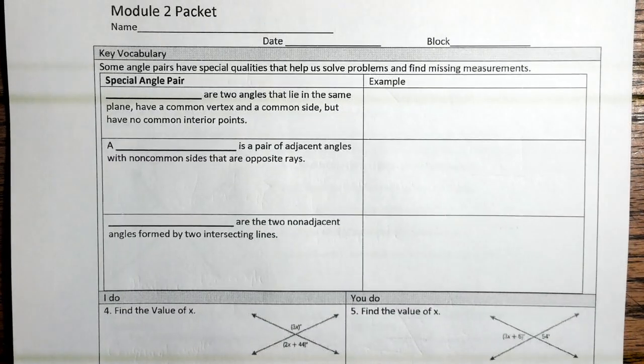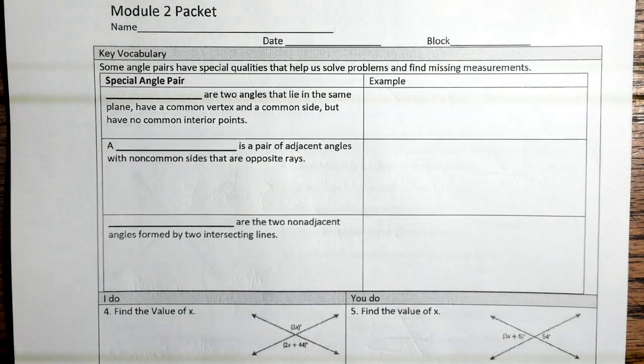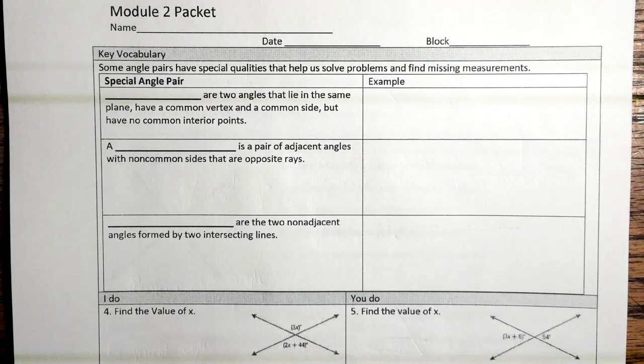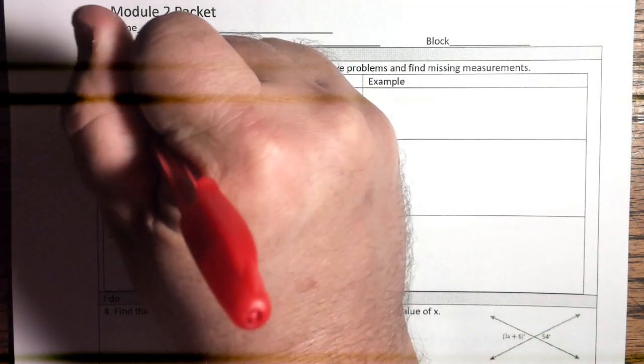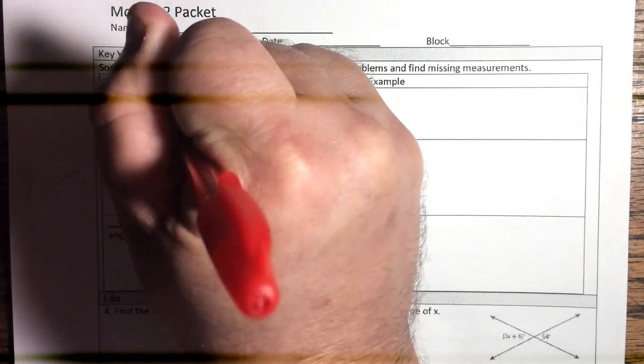Okay, page 3. Key vocabulary. Some angle pairs have special qualities that help us solve problems and find missing measurements. Special angle pair over here to the left. First thing we're going to talk about, and we'll talk about this a lot this year, is adjacent angles.